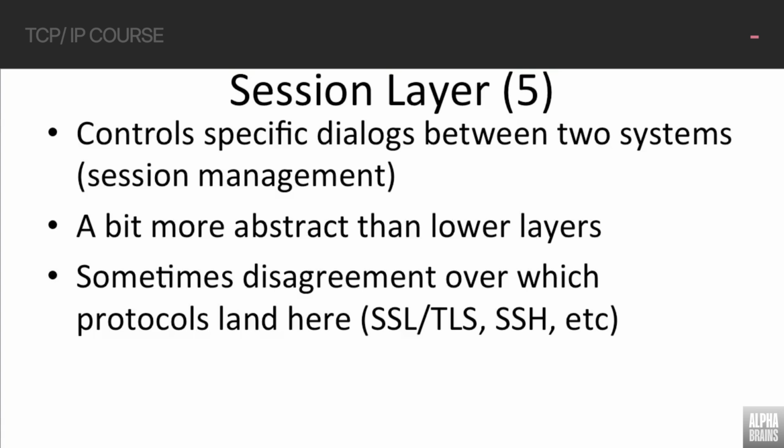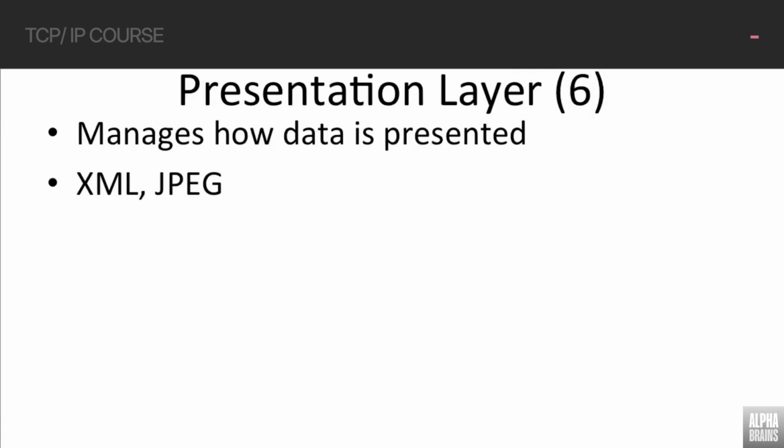Typically, protocols like SSL and TLS, as well as SSH, would land in the session layer. There are also protocols like NetBIOS that typically get put into the session layer because it manages the communication between two systems, and there actually is a session that gets set up as systems are exchanging files back and forth.